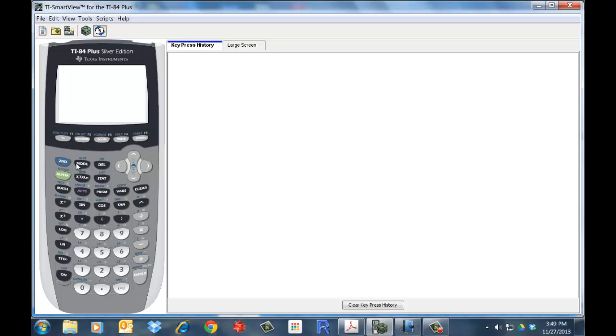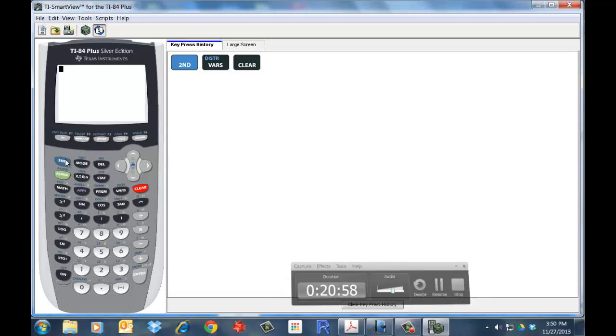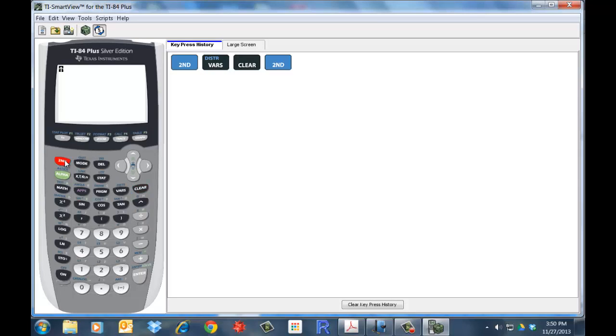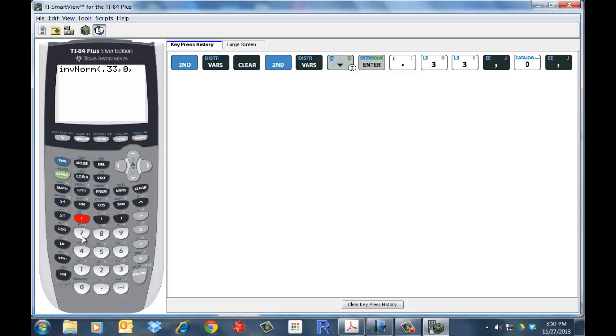So we're going to do second distribution and then go down to the inverse norm, and we're going to type 0.33, and the mean is 0 of the standard normal, and the standard deviation is 1 of the standard normal, close parentheses, and enter.